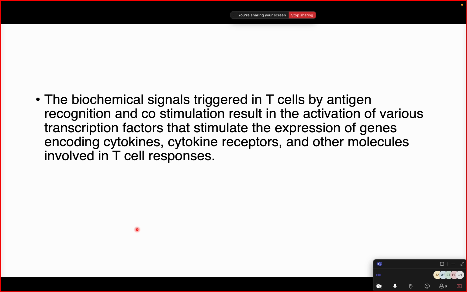The biochemical signals triggered by T cell antigen recognition and co-stimulation result in the activation of various transcription factors that stimulate the expression of genes encoding cytokines, cytokine receptors, and other molecules involved in T cell responses.